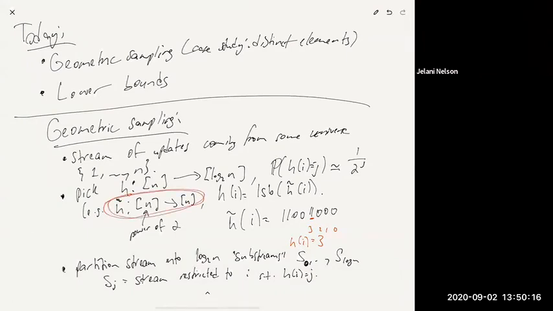If you look at two things at a time, it's drawn from a two-wise independent family. So if you look at two indices, i and i prime, the probability that h of i is equal to j and h of i prime is equal to j prime is going to be as if they were independent. So it's going to be like 1 over 2 to the j times 1 over 2 to the j prime.